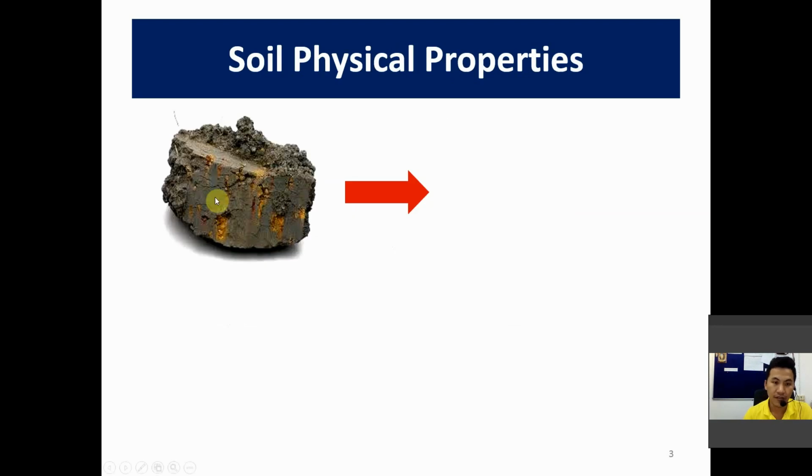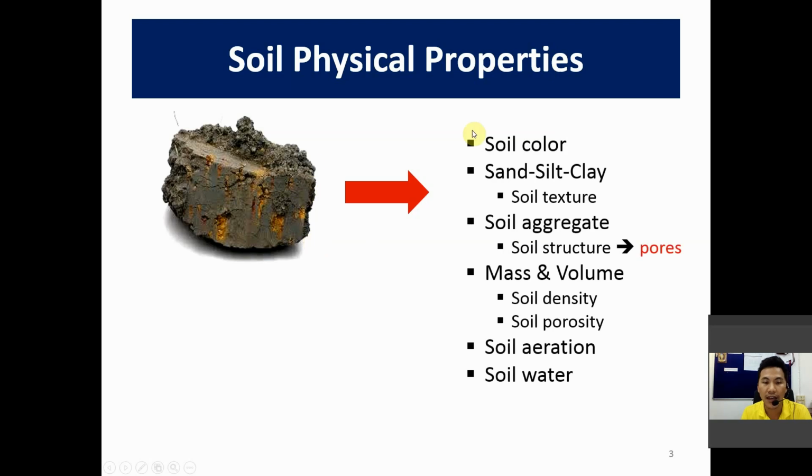And this is the figure of soil, showing you that once you take a look into the soil itself, you are actually facing, first of all, soil physical properties like color, of course, the distribution among three different sizes of particles like sand, silt, and clay, and this basically tells us the texture of that soil itself.